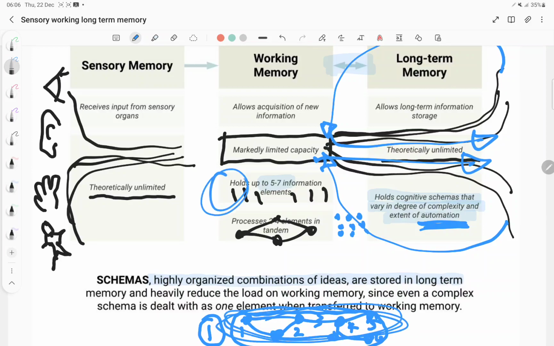So you've got 1, 2, 3, 4, 5, and these are structured, so you can work with it. And that's the baseline of understanding how cognitive load theory works. It's trying to get you to do things where you ensure that more and more structured information gets used in your working memory.